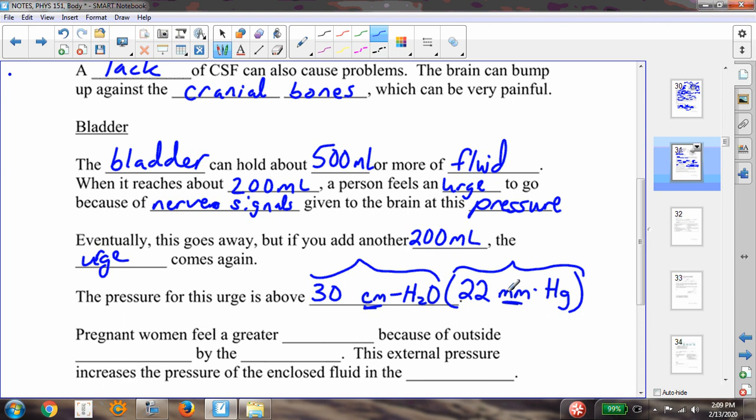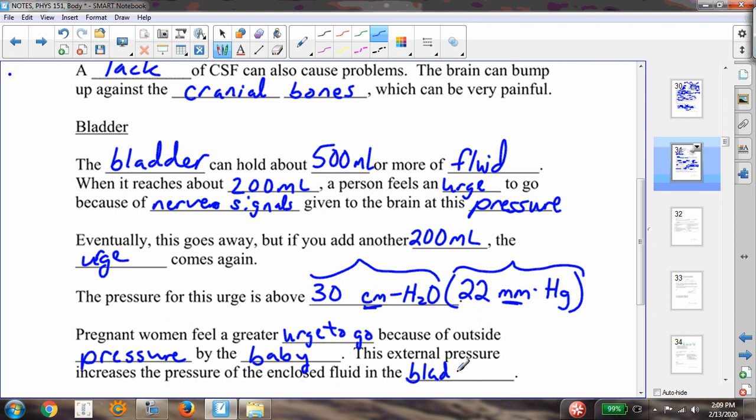Pregnant women feel a greater urge to go. I'm told, never experienced this, because of outside pressure by the baby. The baby can kick into your bladder, but also just having a baby in your stomach, I understand, exerts a constant force on your bladder. So this external pressure increases the pressure of the enclosed fluid in the bladder.